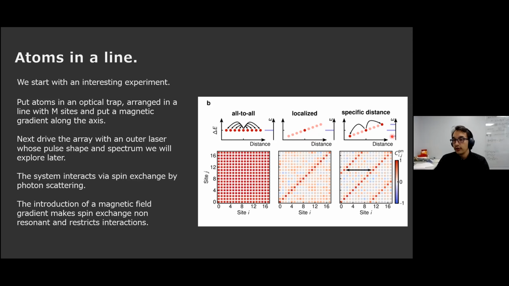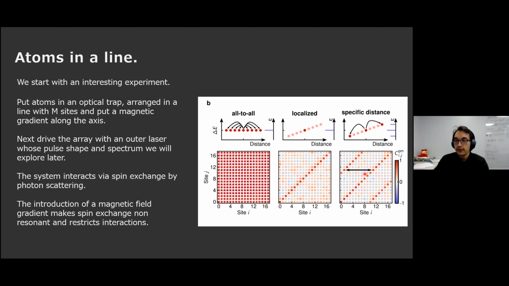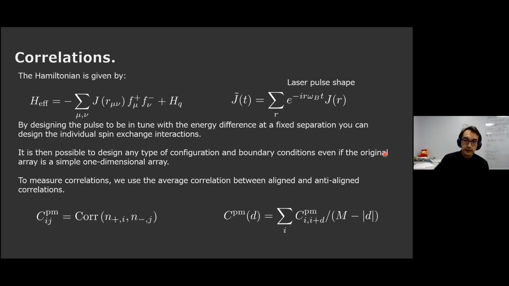And if you turn on the driving laser with different frequencies, where the spacing between these frequencies is given essentially by the separation between these two hyperfine states, what you find is that you can actually tune these interactions. So for instance, here you have only the central site talking with the limiting sites in this one-dimensional array, just by introducing these three extra frequencies.